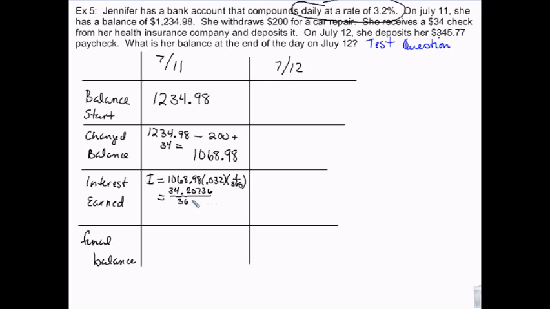And then I divide that by 365. So she earns 9 cents. So her final balance is going to be to add that 9 cents in. Okay, so that's her balance at the end of the day on July 11th.